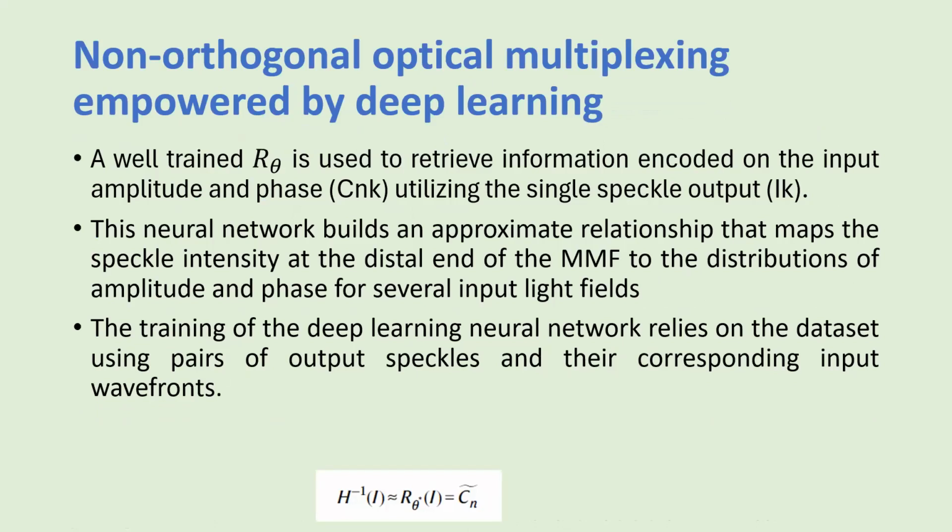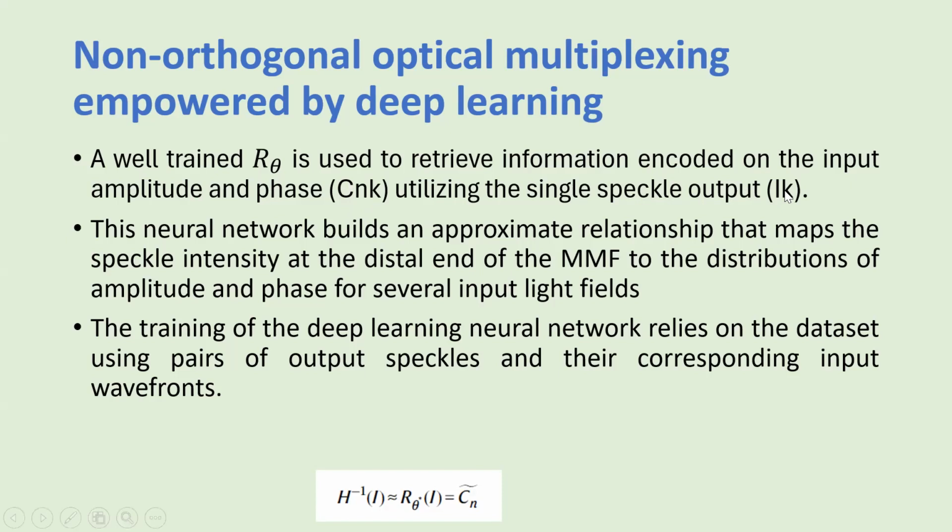So I will train R theta. We have said R theta is a function that maps the input light fields in a many-to-one relationship, and it is used to retrieve information encoded on the input non-orthogonal light fields within the amplitude and phase dimensions. So C_NK means the many light fields.